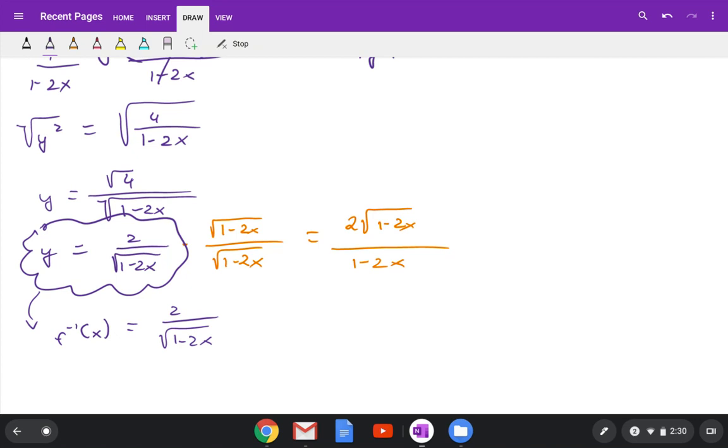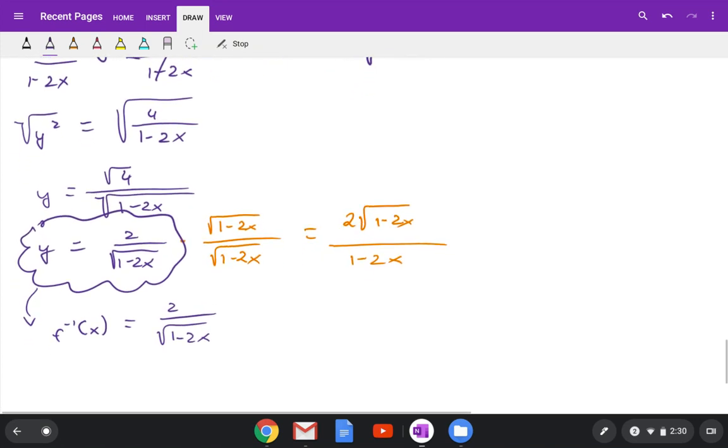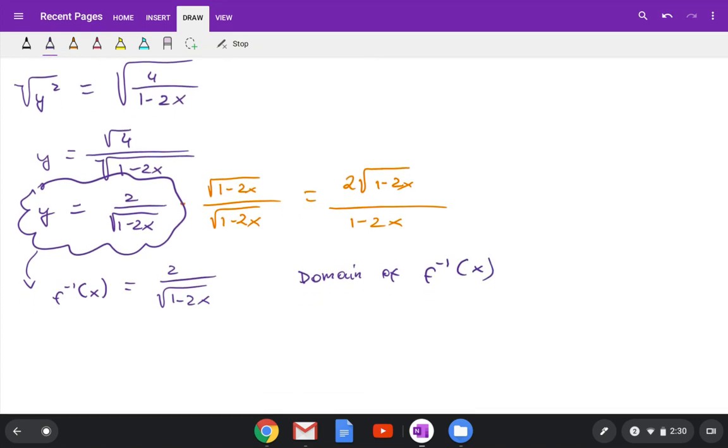Okay, so let's talk about it. Couple things here. We definitely need to talk about the domain of the inverse function. So look what happened. You have a fraction, so we know that you cannot divide by 0, and also you have a square root.